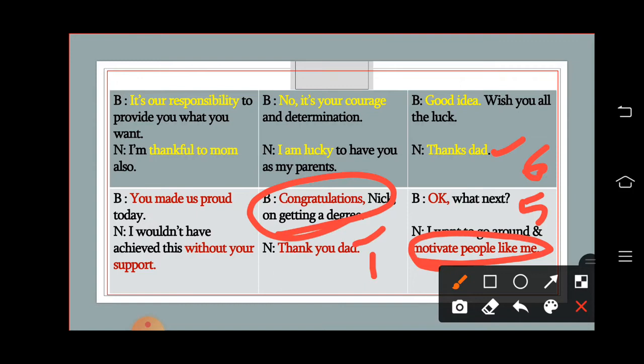So that can be seen in one of the exchanges where Nick's father, Boris, says that he is proud of his son. So that could be the continuing exchange to 1. So this may form number 2.